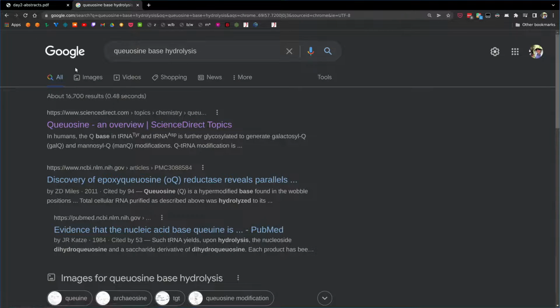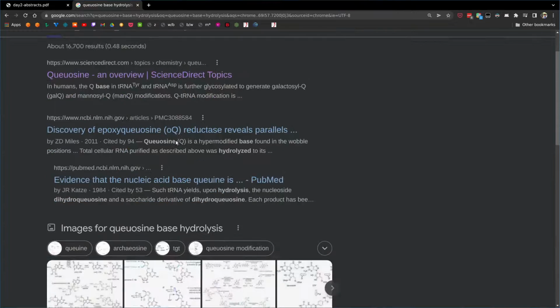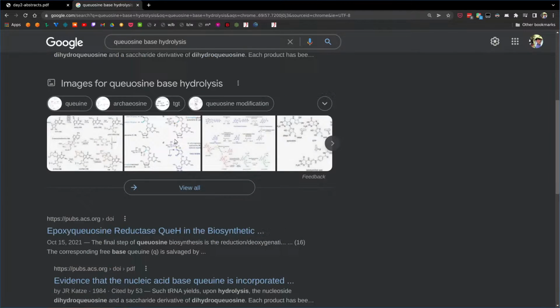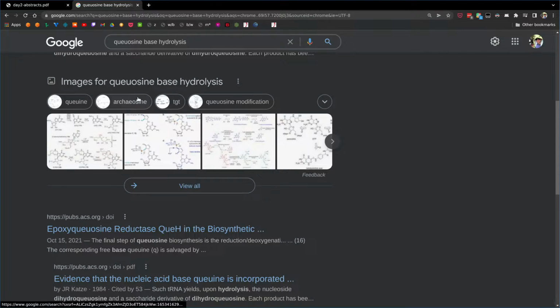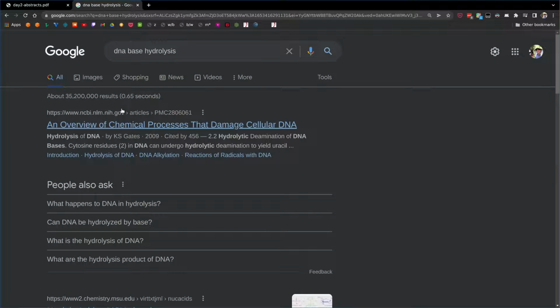What's that? Queuosine. No, this is super useless. DNA base hydrolysis.